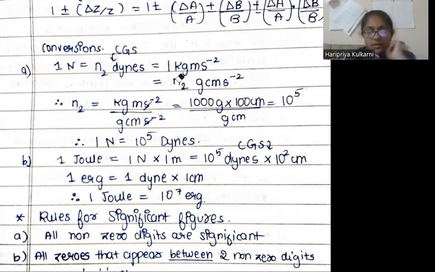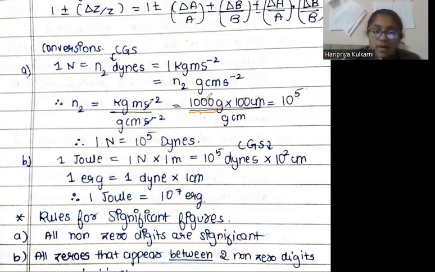Let's find out 1 Newton is equal to how many times. We know that 1 Newton is 1 kg meter per second square. And this N2 value, which is in the CGS system, we want in grams and centimeters, and seconds is the common thing. So first, kg to grams, I'll multiply by 1000.